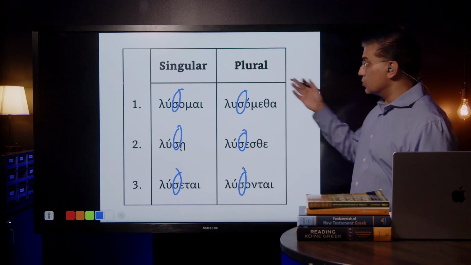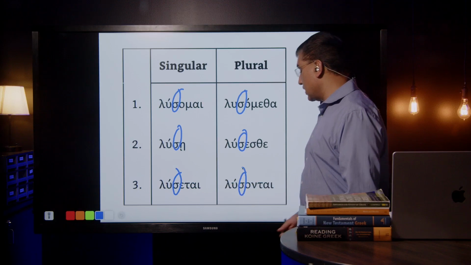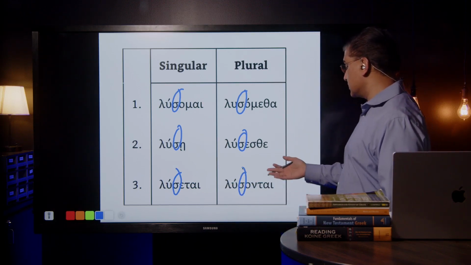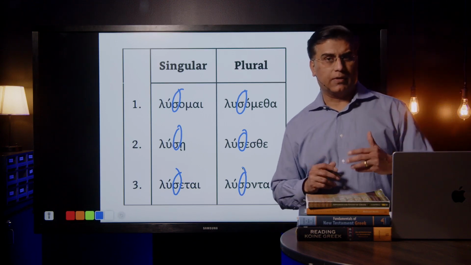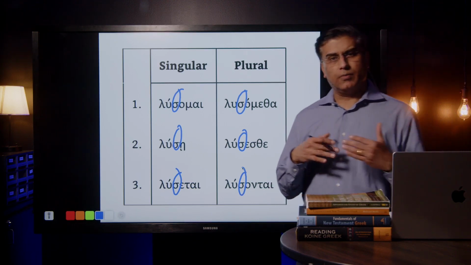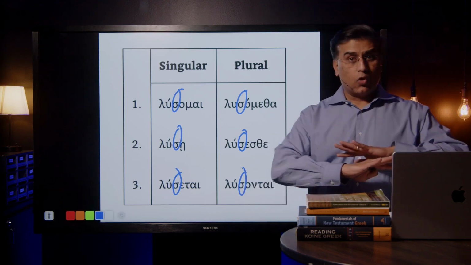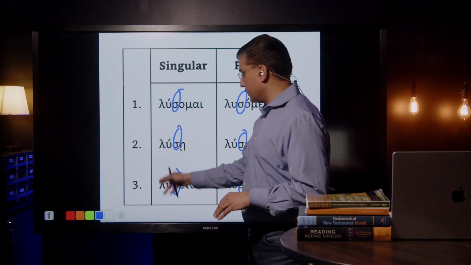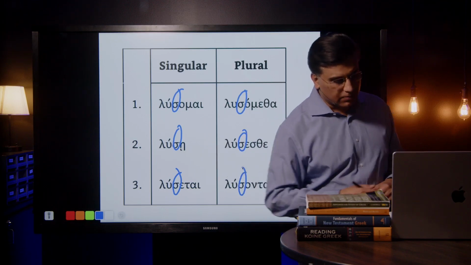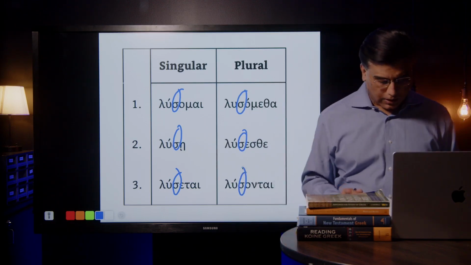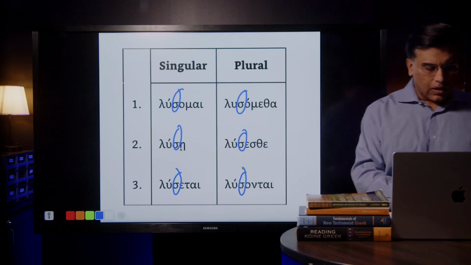But here: lusomai, luse, lusetai, lusometha, lusesthe, lusontai. So remember that sigma that makes it future. And there is no prefix, just simply the stem, then sigma, and then the middle endings.